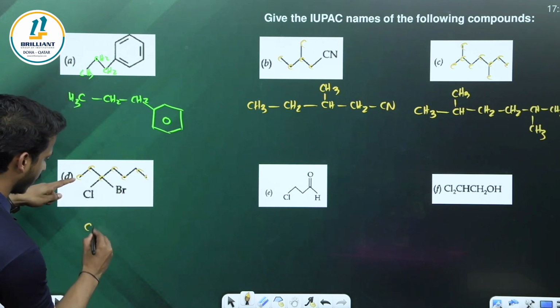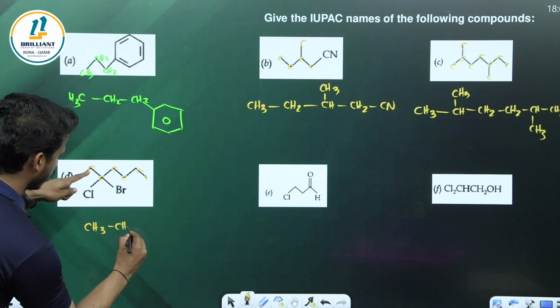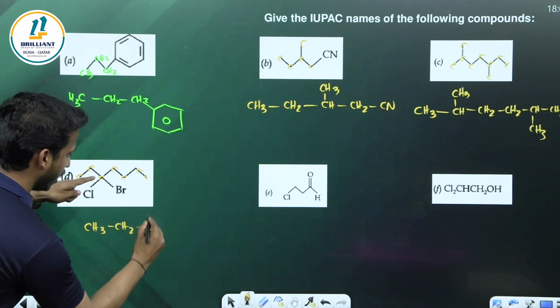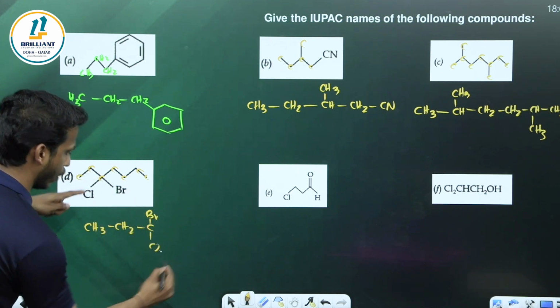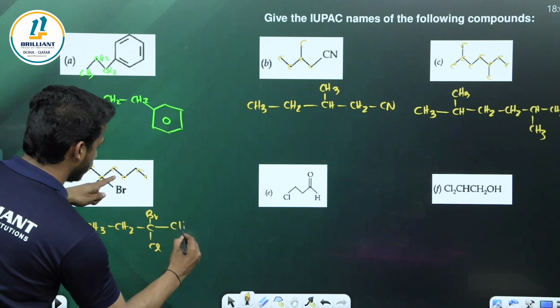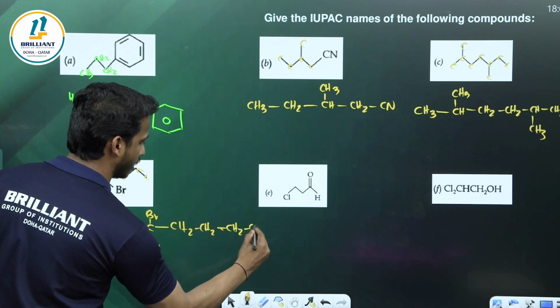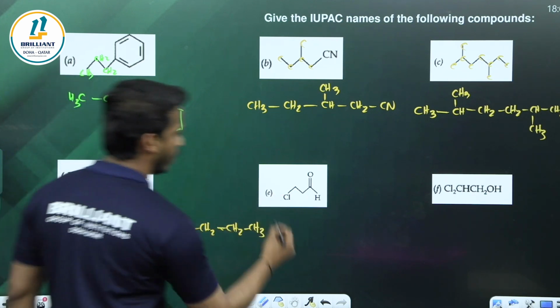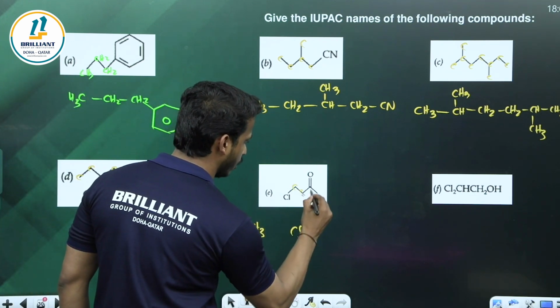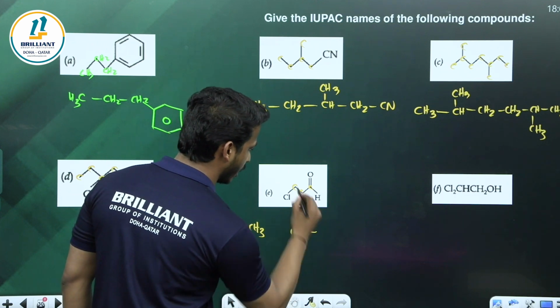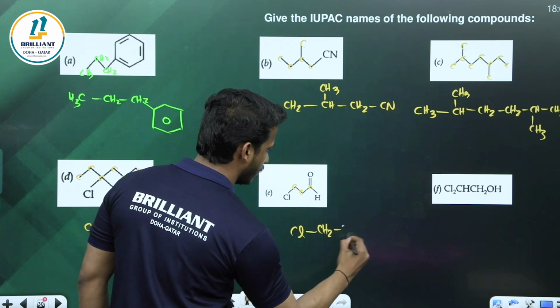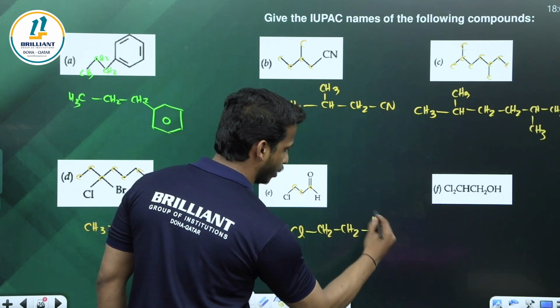So I'm starting from here, CH3, CH2, C. On this C there is one bromine and one chlorine, right? Continue the chain, CH2, CH2, CH2, CH3. Okay. Last one, chlorine is already there. Chlorine connected to CH2, CH2, then CHO.